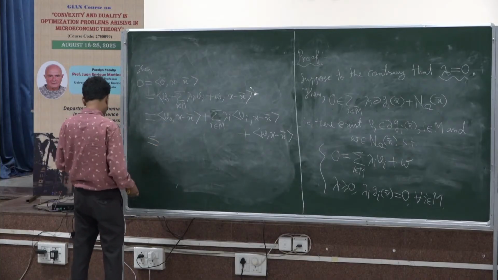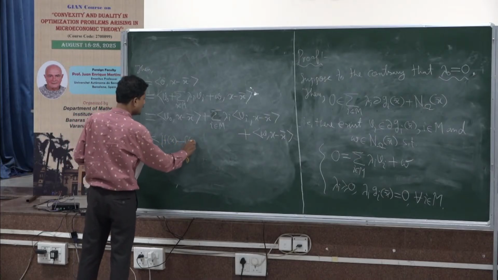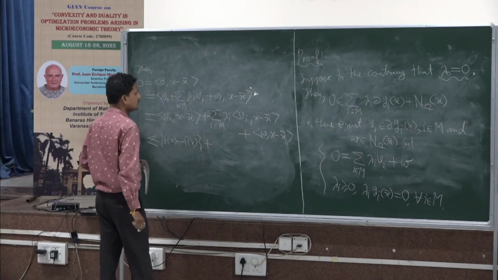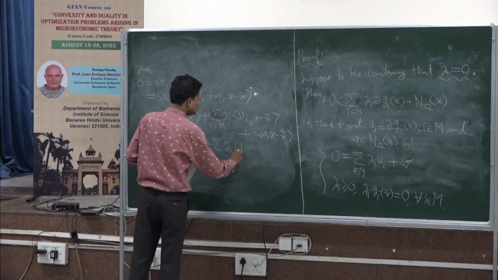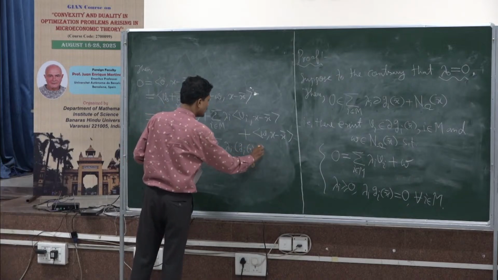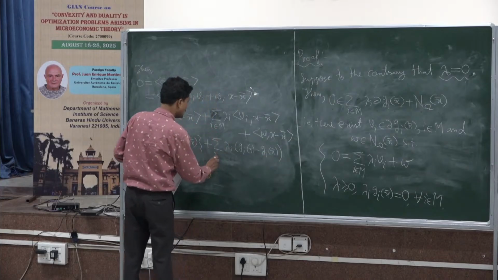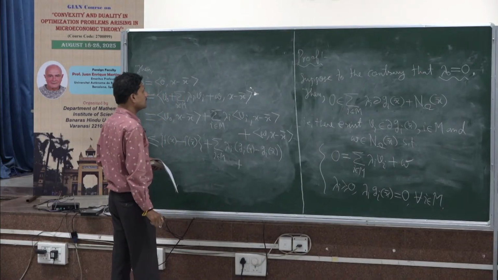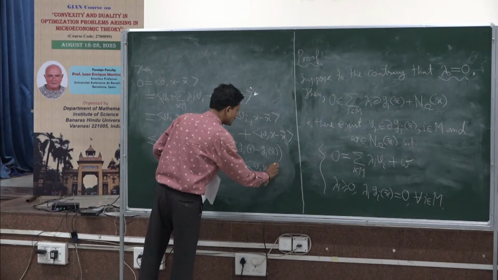So we can write this is less than or equal to f of x minus f of x bar plus this summation lambda I (Gi(x) minus Gi(x bar)), I in M, and we have this omega, so omega (x minus x bar).